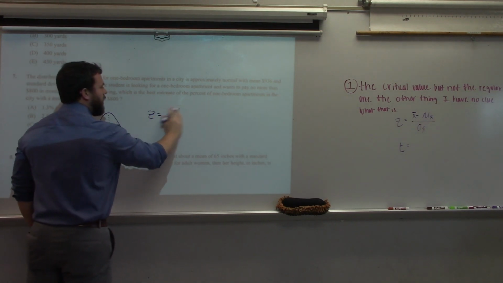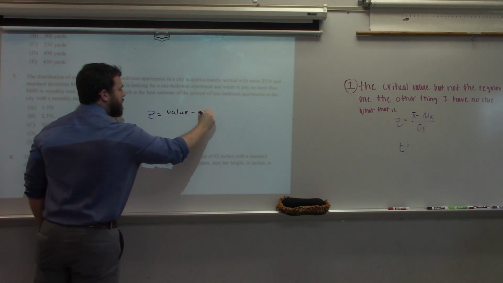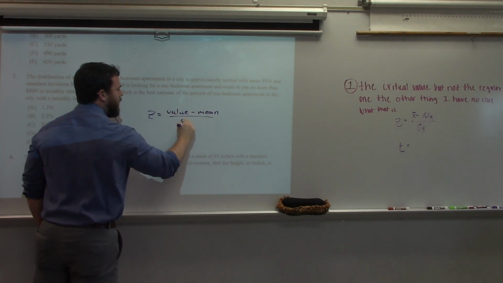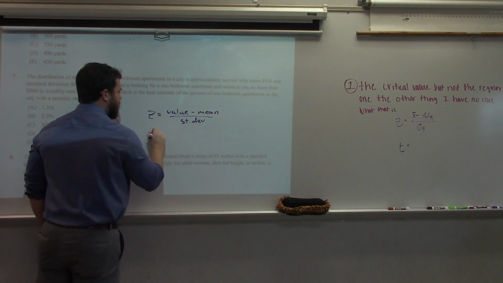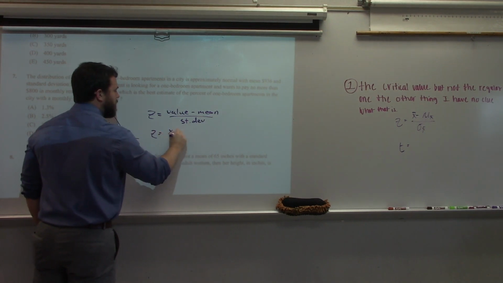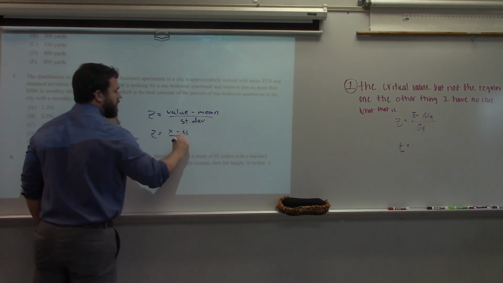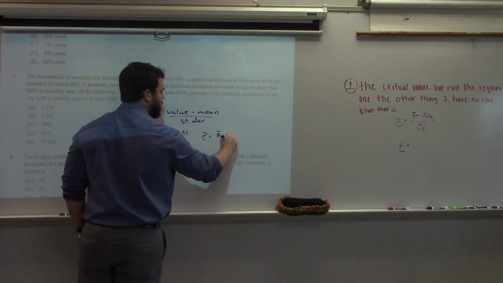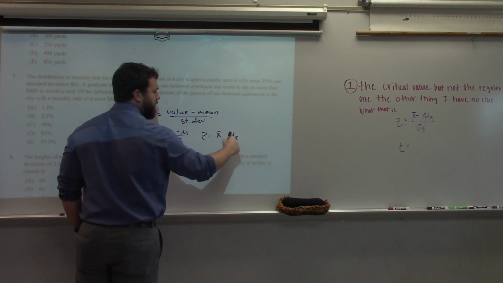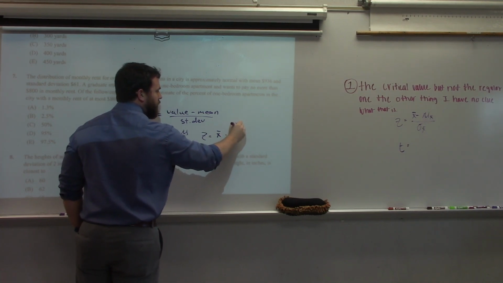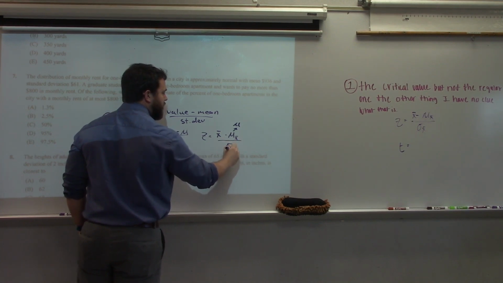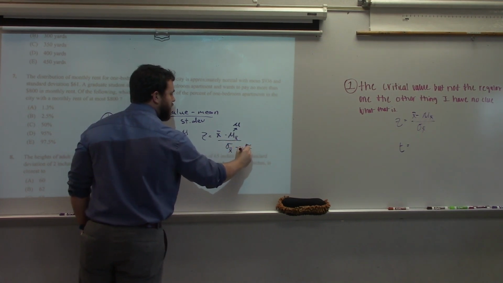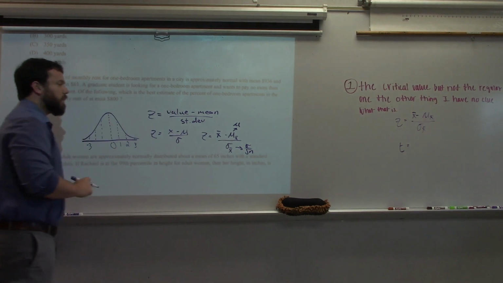So here's what I want to point out, and we need to be clear on this, because this is something that took me a while to wrap my head around. There are some times when we use this formula, so value minus mean divided by standard deviation, and there's some times when we use this formula, which the mean of the sample means, remember that is just mu divided by the standard deviation of the sample means, and that's my standard deviation divided by the square root of n.